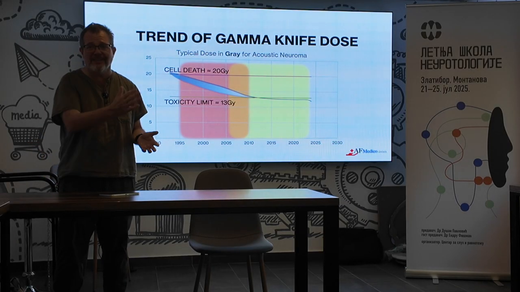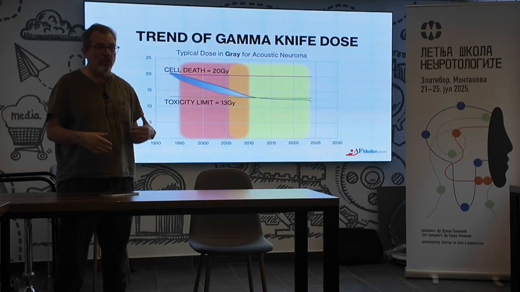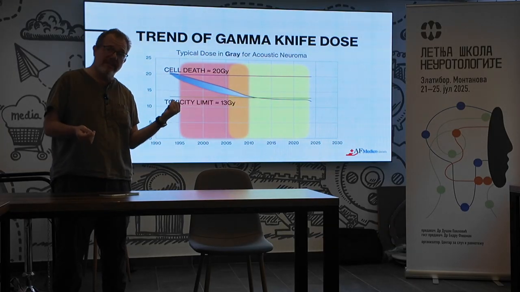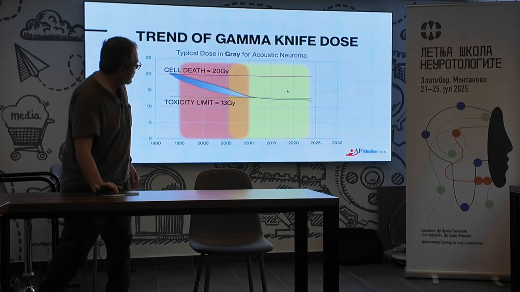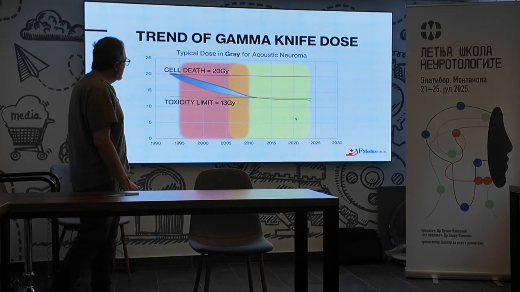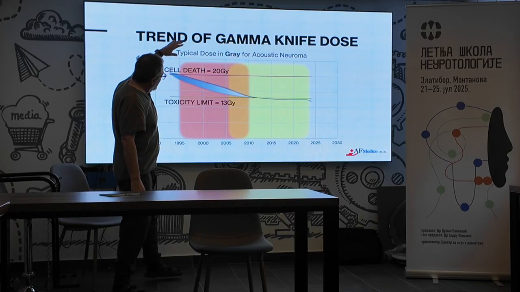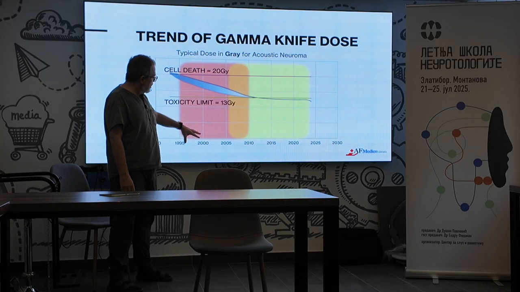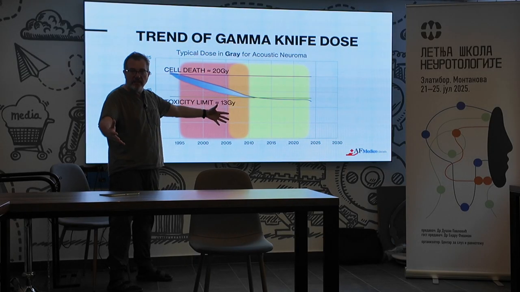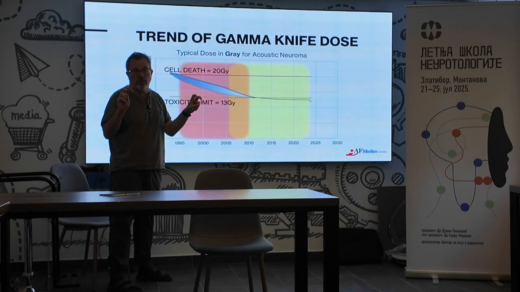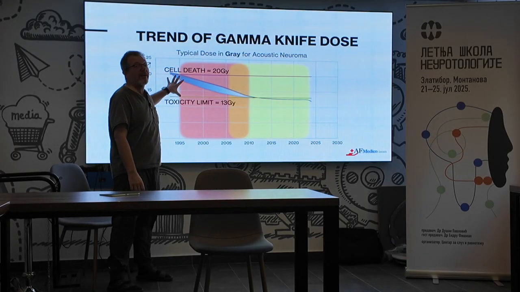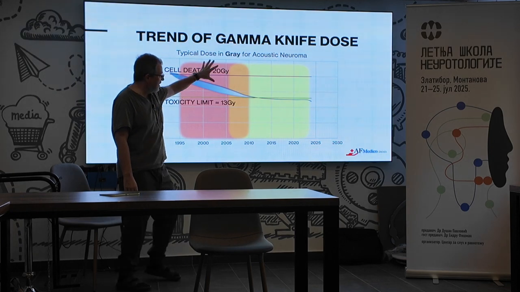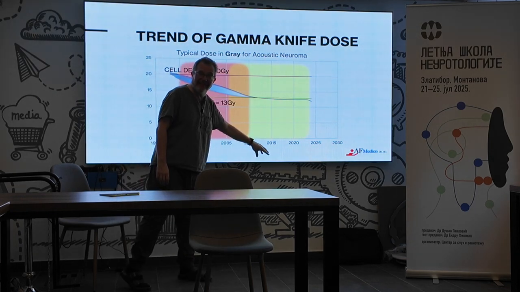So most of the patients that we treated the decade before were 12.5, below 13. Now they're going down to 12. Well, what does that mean? That means that all of these patients who are being looked at in larger studies for having tumor control had much higher doses than the patients that we're treating today.